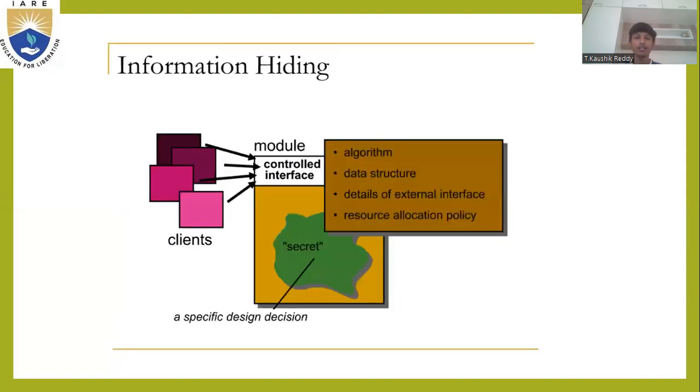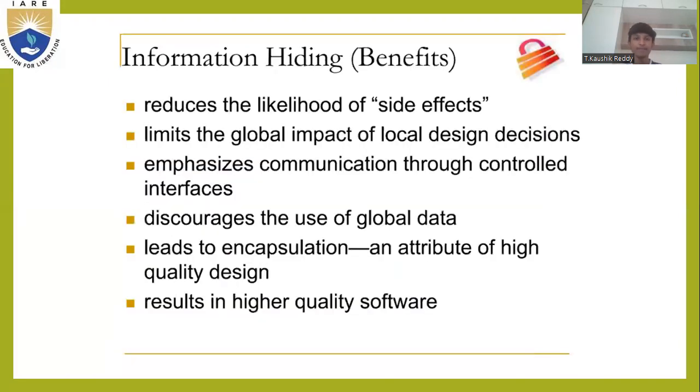Next, information hiding. Module control interface, algorithm, data structure, details of external interface, resource allocation policy, secret, a specific design decision, clients.